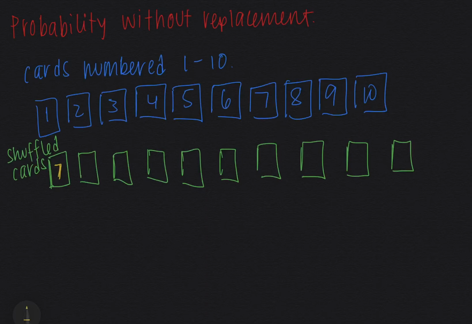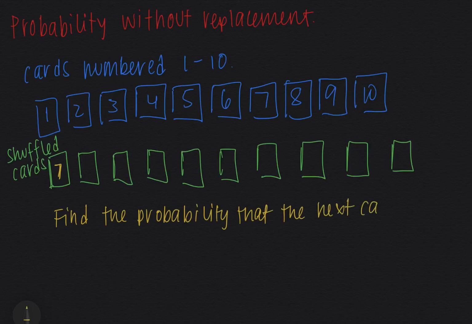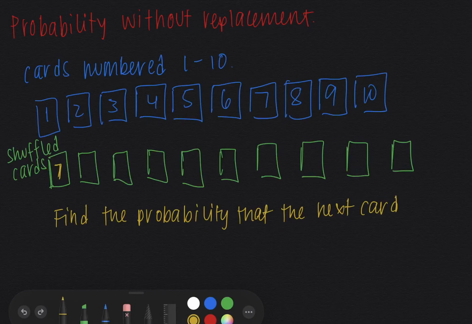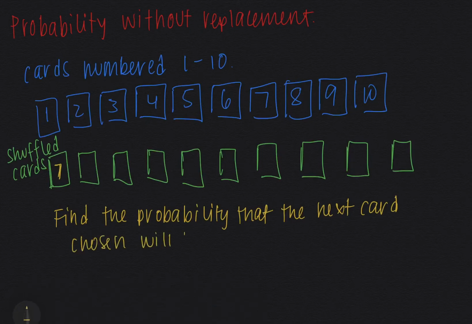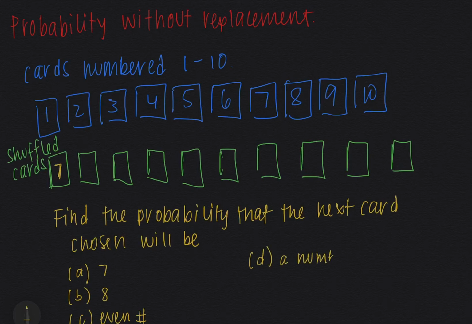So now we're going to want to find the probability that the next card chosen will be, we'll say, A, a 7, B, 8, oh, sorry, C, even number, and we'll say D, a number less than 2.